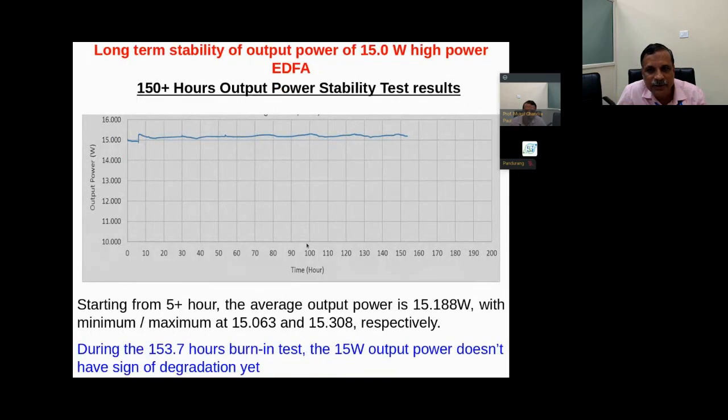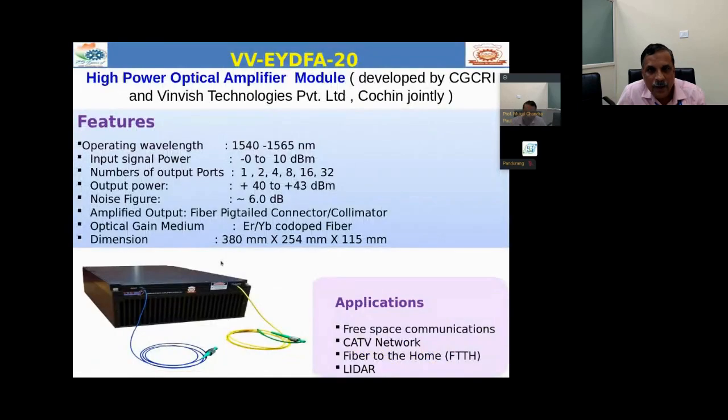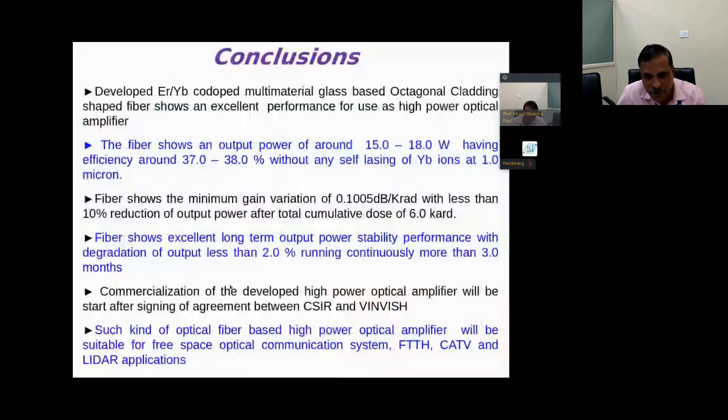And we have also tested 15 watt, and measured a very negligible reduction of the output power when running the module for more than 150 hours. We have developed this kind of EDFA module for free space communication, lidar, fiber to the home, and fiber communication purposes using this kind of patented multi-element erbium radiation hardened fiber.